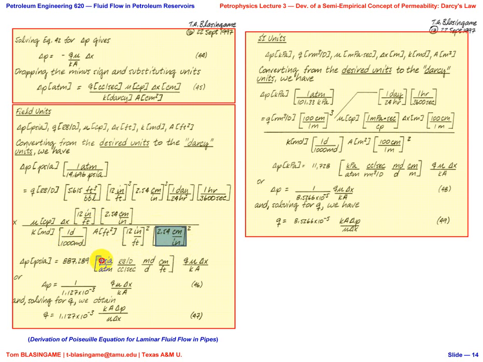Working out all of the units, they are there. Working out the coefficient is 887.289 multiplied by the remainder of the equation. Delta P is equal to 1 over 1.27 times 10 to the minus 3. And then that's, again, our Q, mu, delta X, K over A.